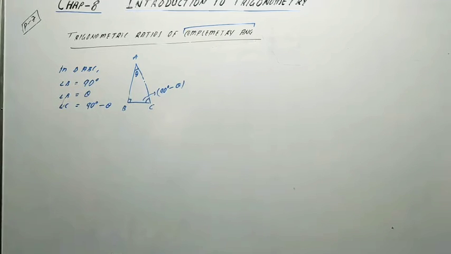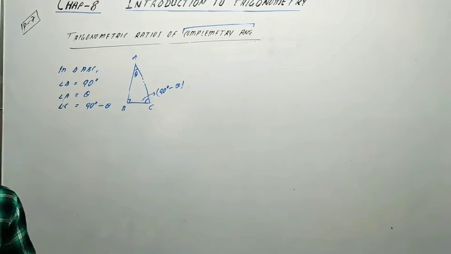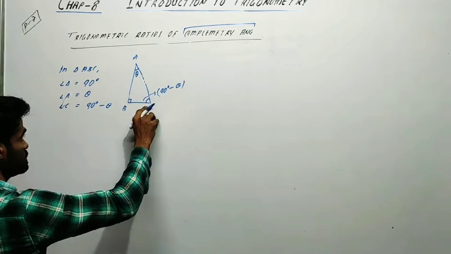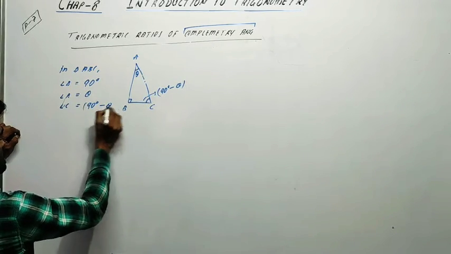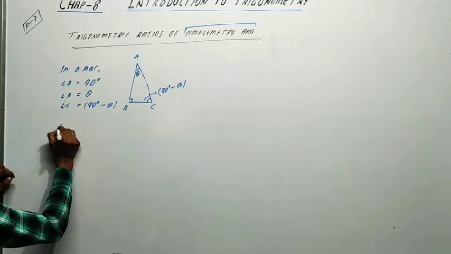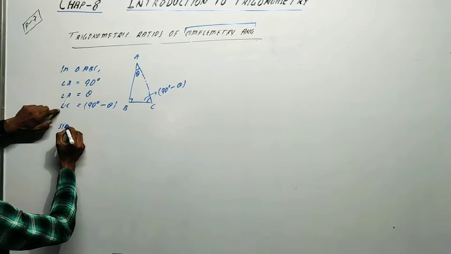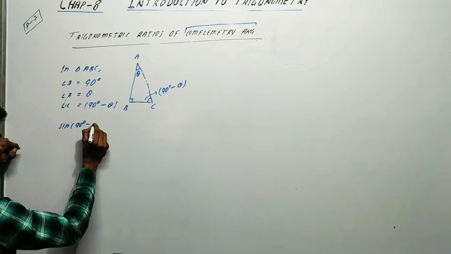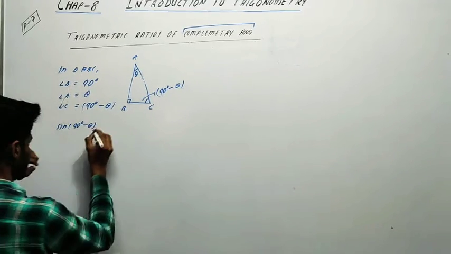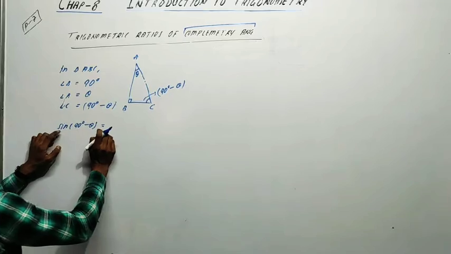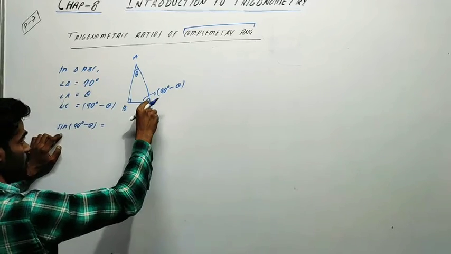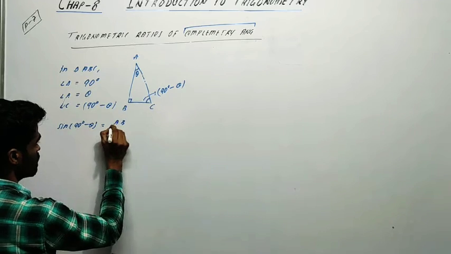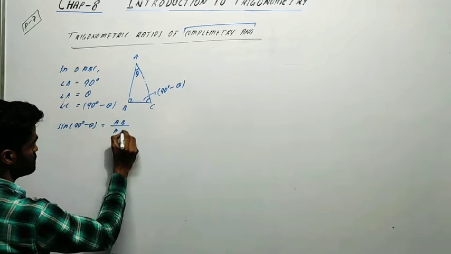So let's calculate the trigonometric ratios. First we will calculate the trigonometric ratios for angle C, that is 90 minus theta. So sine of angle C, we will write 90 degrees minus theta instead of C. Sin is the ratio of perpendicular and hypotenuse. For angle C, the perpendicular is AB and the hypotenuse is AC.